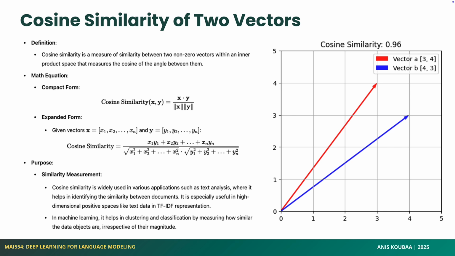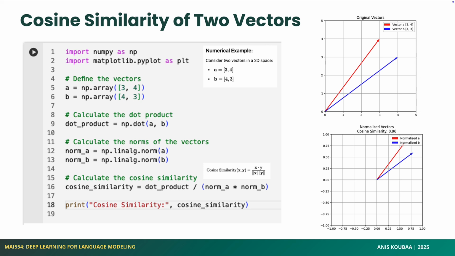You have two vectors, x and y. The cosine similarity is the dot product on the top, and the Euclidean norms in the denominator. And these are the two vectors, A and B. The cosine similarity is 0.96. Okay.